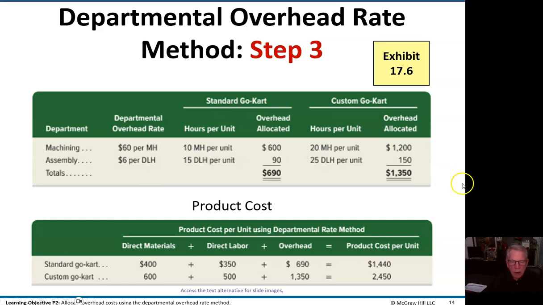So if I couple that with our other product costs of direct materials and direct labor, I now have my $690 for the standard go-kart and $1,350 for the custom go-kart. Total of $2,450.